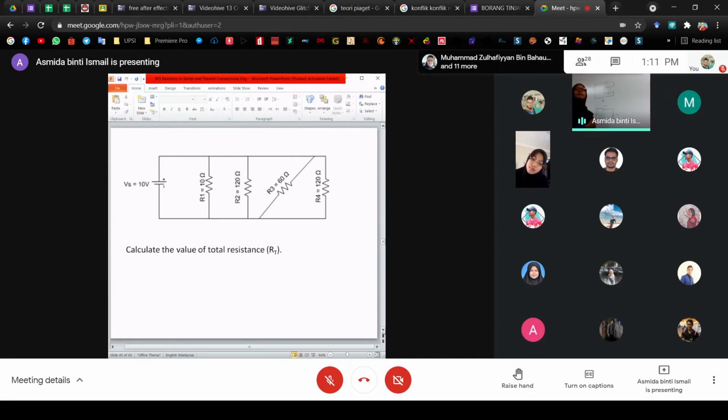This is a parallel circuit. Okay. So for the parallel circuit, you can use two formulas. Either you use 1 over R1 plus 1 over R2 plus 1 over R3 plus 1 over R4 is equal to 1 over R total, or you can combine these two first, and then combine with R2, and combine with R1.